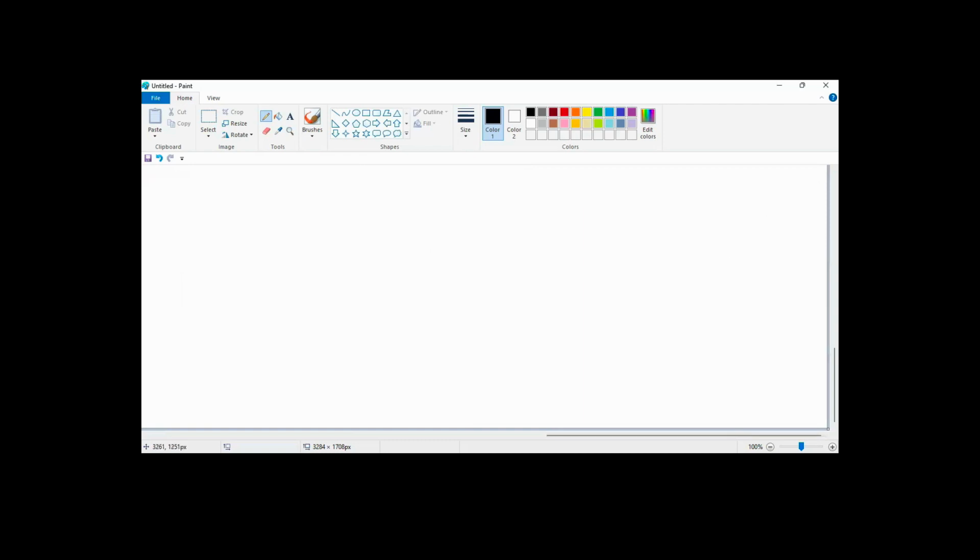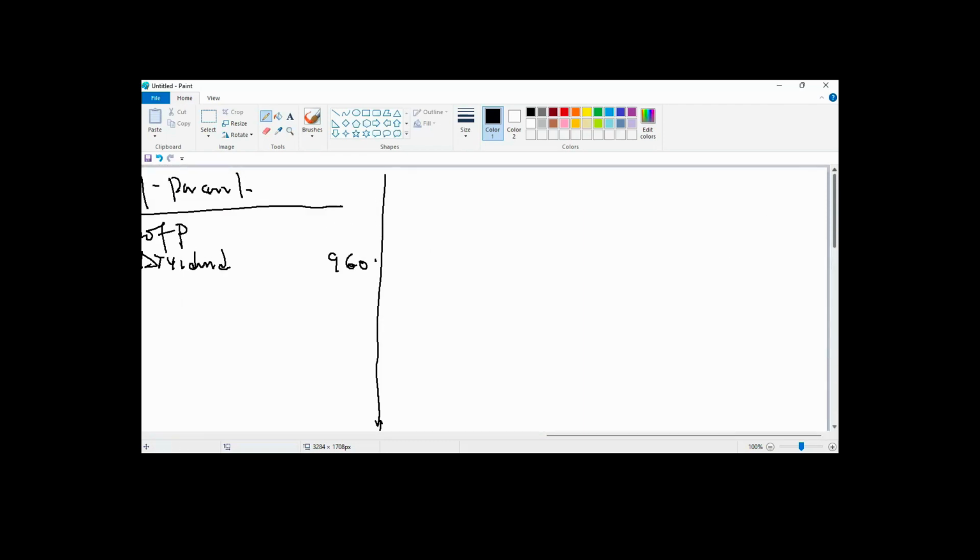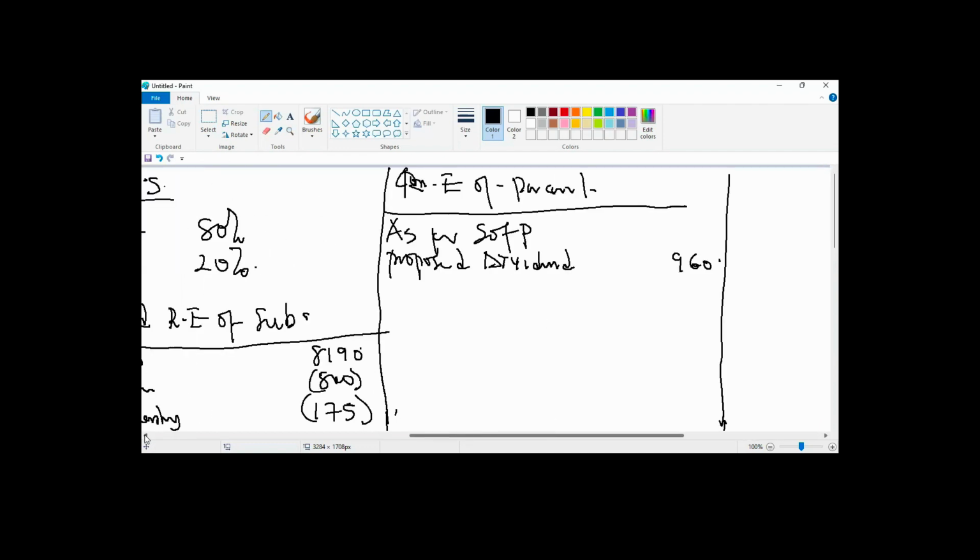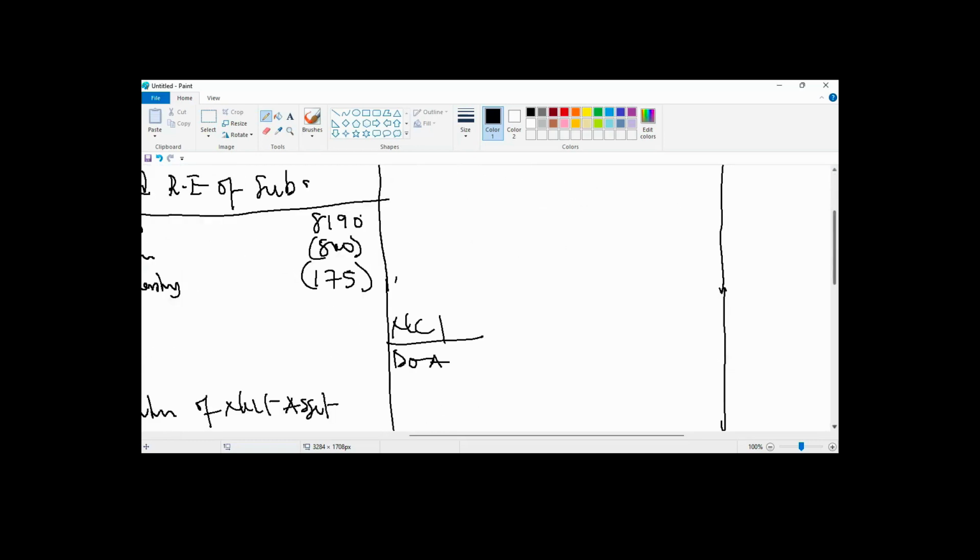NCI is 8, NCI at the date of acquisition. It's 8. So that's the end of the requirement.